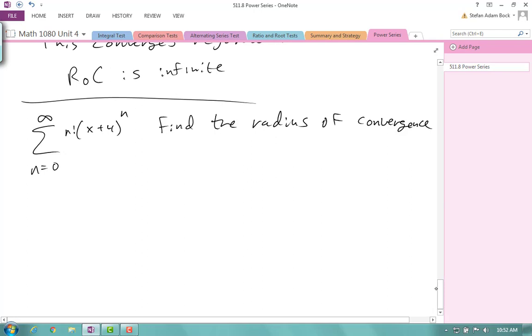Well, since I have an n factorial again, I'll just use a ratio test. And generally, I think we'll find that the book is going to be using mostly the ratio test for these problems. So if you want, you could just stick to the ratio test all day, every day.